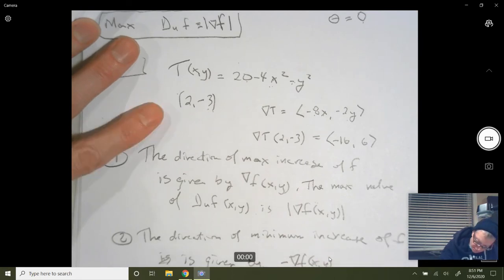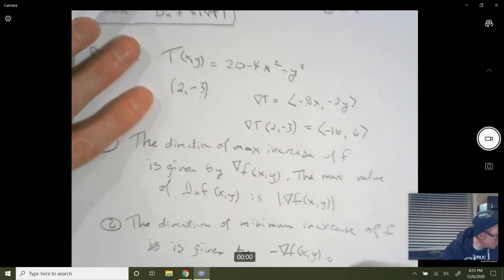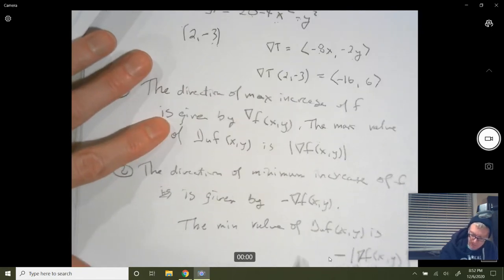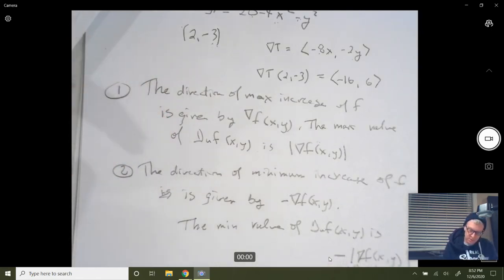And the minimum value of your directional derivative is the opposite of the magnitude of the gradient. That's the minimum value of your directional derivative.